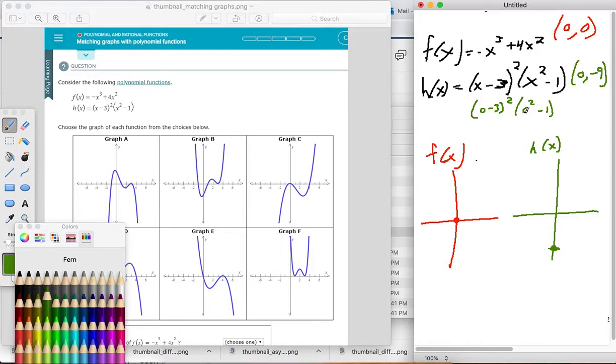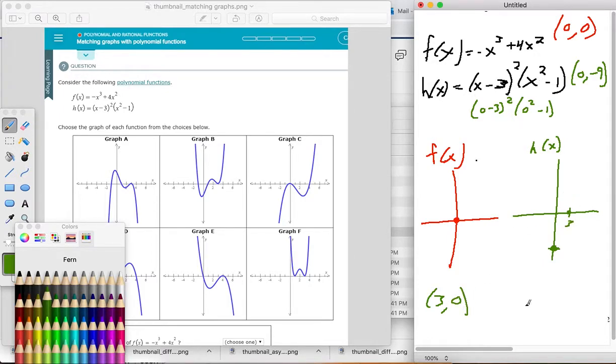Okay, so here's how we can get a few other points for h of x. If you plug in x equals 3, I pick 3 because of this factor piece here, 3 minus 3 makes 0. And if you get 0 out of one of the parentheses, 0 squared is 0, and 0 times whatever this stuff is going to be 0. So we know that it has to cross at 3, 0.